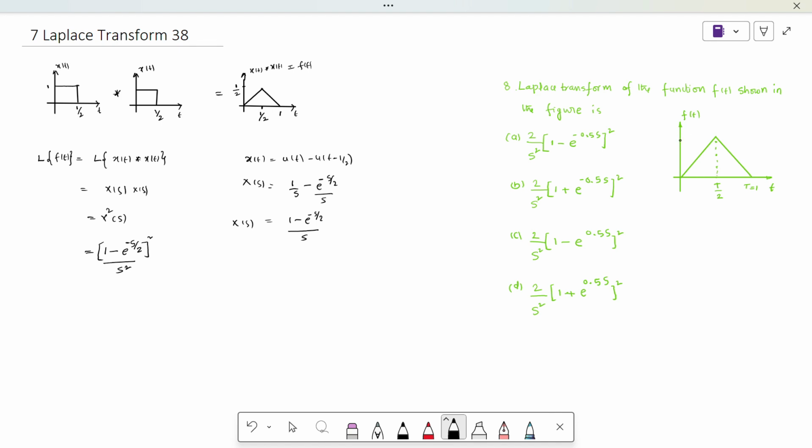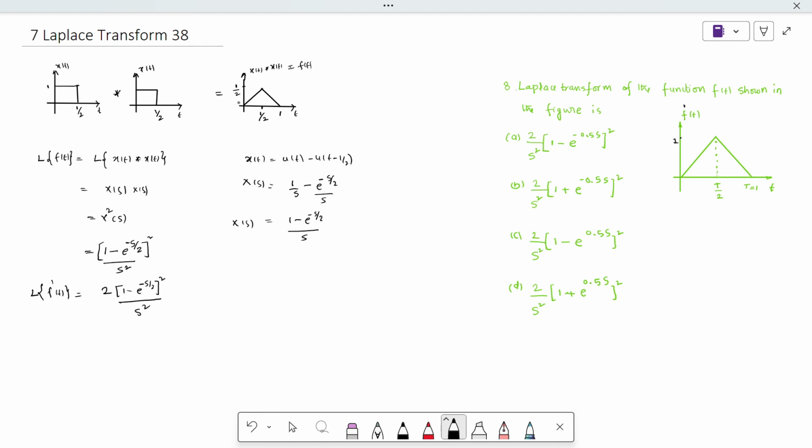But in the given function, the magnitude is not given as 1 by 2; it is given as 1. So we can send the factor to this side. Assuming the given function is f dash, the Laplace transform of f of t equals 2 into (1 minus e power minus s by 2) square by s square.